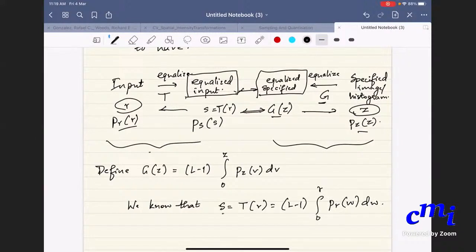Okay, so we know S is defined in this way, and now we are defining G(z) in this way, and the last thing to do is to match.